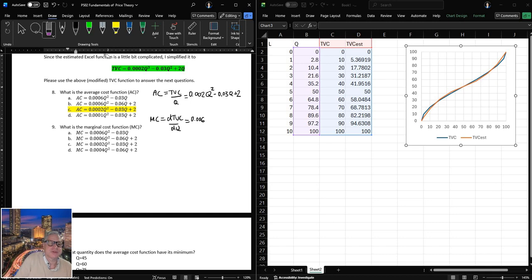Oh, I forgot the 0. 0.006 Q squared minus 0.06 Q plus 2. So 0.006 Q squared minus 0.06 Q plus 2, so that looks like B.